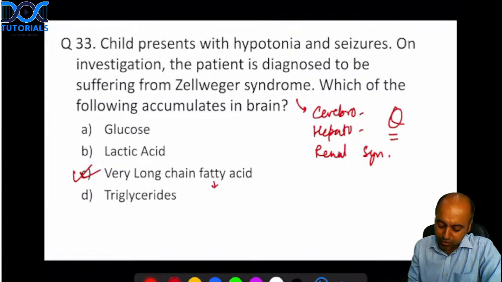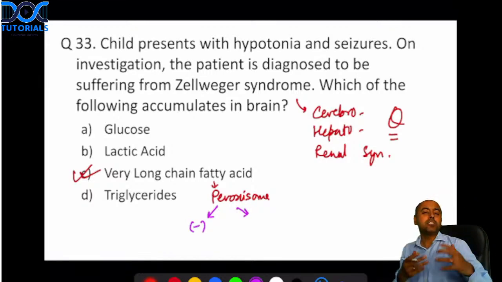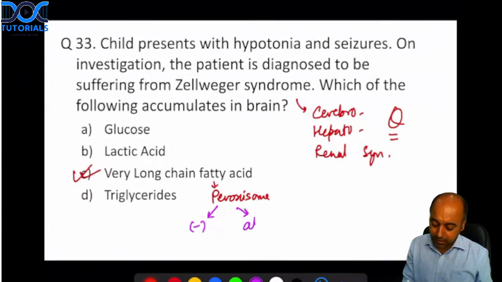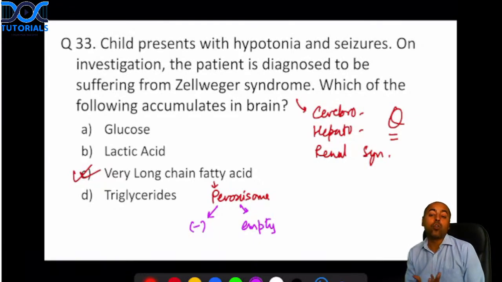Why? VLCFA is normally metabolized in the peroxisome. In these patients, either the peroxisome is absent or sometimes the structure is there, but it doesn't contain any enzymes. So it is empty. So either the peroxisome is not there or it is empty.